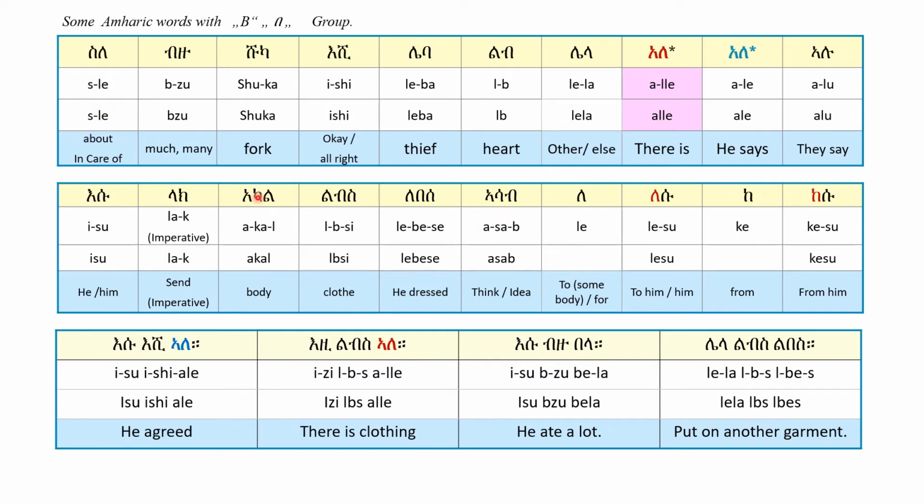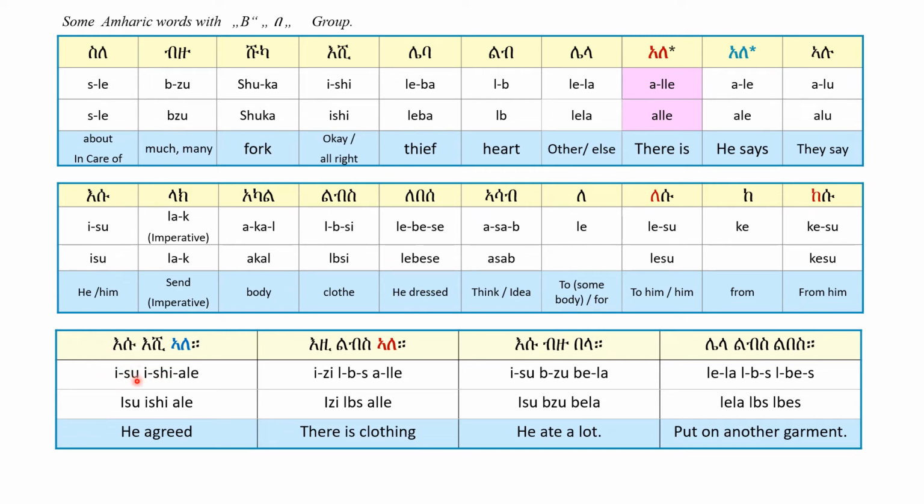Now only in reading form, ንባብ: ስለ ብዙ ሹካ እሺ ሌባ ልብ ሌላ አለ አሉ እሱ ላክ አካል ልብስ ለበሰ አሳብ ለሱ ከሱ.